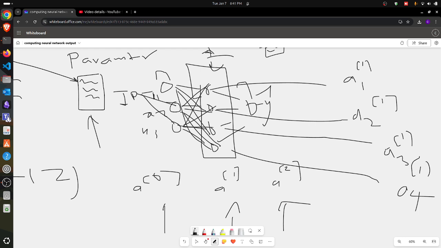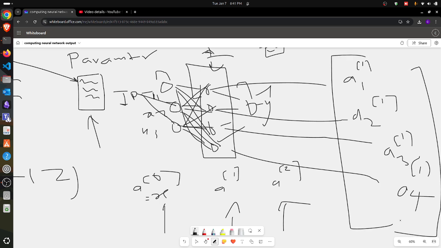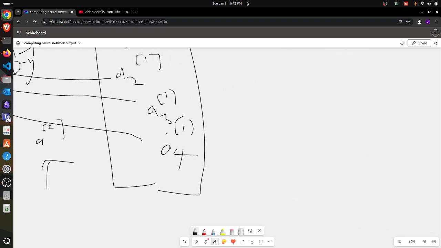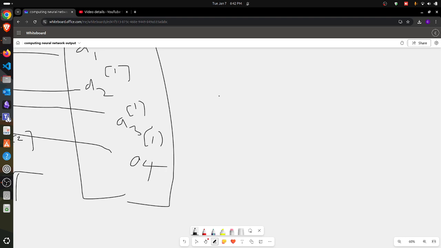So A0 is going to be equal to X, and that's going to be our activation. The values which the neural network passes on to the subsequent layer are going to look like this in matrix form. Y hat is going to be equal to A, and now we will look at one cool equation which we all know from previous ones.